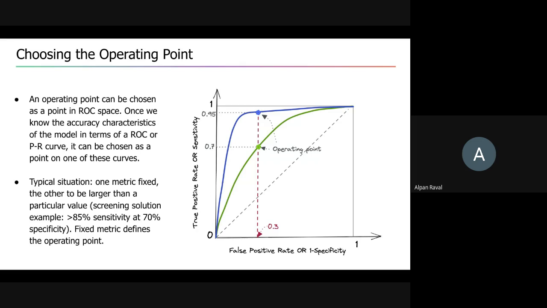Now, if you look at the green and blue curves, do either of those two models fit this requirement? It's a question for you. The requirement again is that the model has more than 85% sensitivity at 70% specificity.